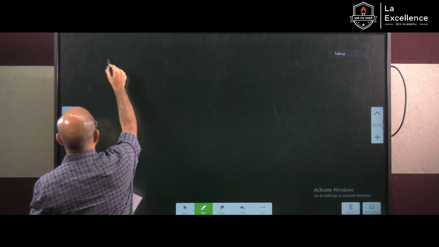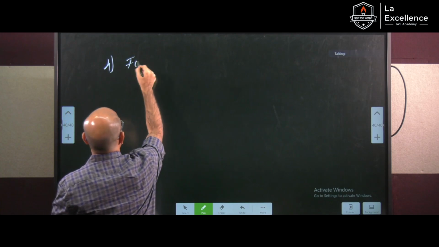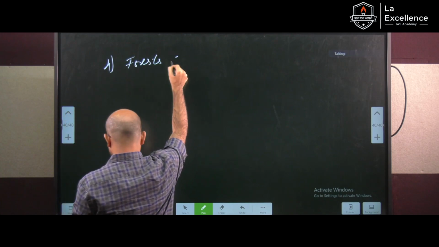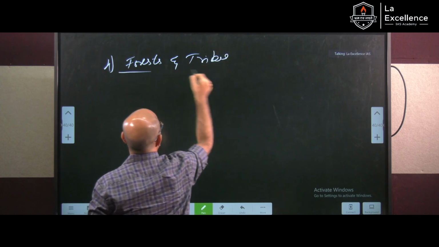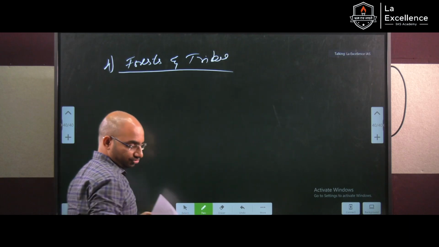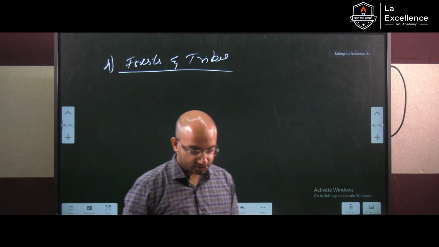Next, forests and tribes. This is a very easy question. So talk about the traditional relationship between forests and tribes.